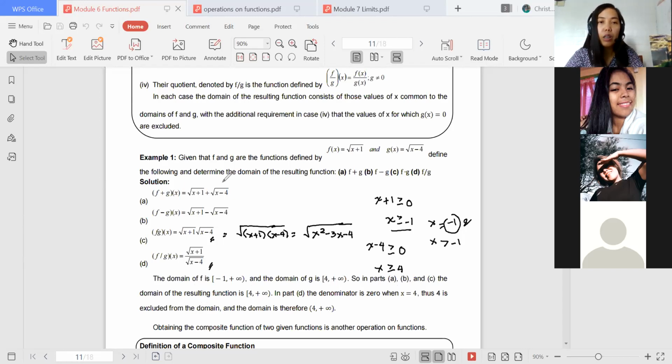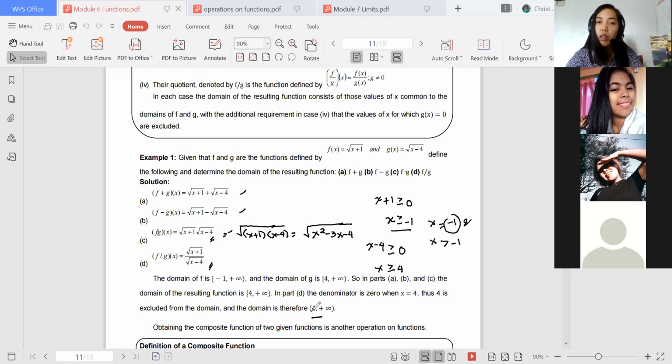In part D, ito yan, dito sa pangalawa. Kasi ano lang naman yan, walang restriction. Okay? Kasi wala namang denominators. That's why for the domain ng part A, B, and C is 4 up to positive infinity. And for part D, the domain, all real numbers except yung magsi-0 yung ilalim, except 4.